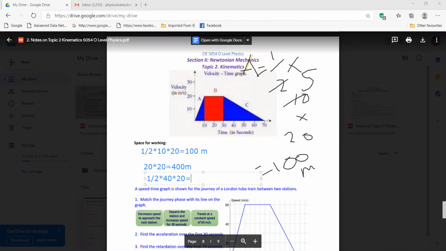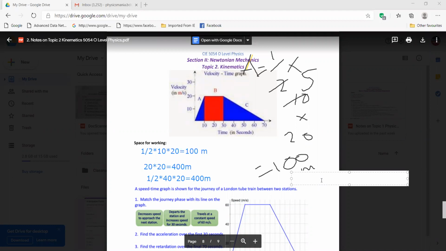Then how much does it come? 400. Again 400. So total distance traveled is the sum of these three, which is 900. 700, right? No, 900. Yes, 900.